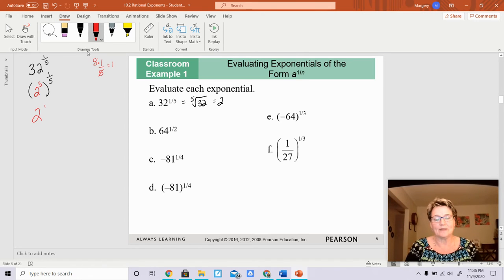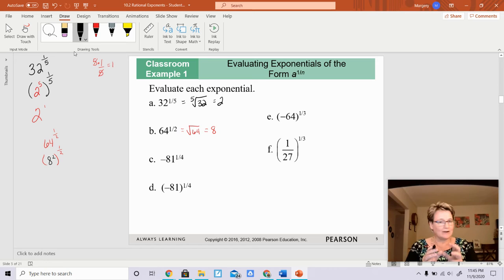Another one: 64 to the 1/2 power, that is just the square root of 64, and that gives you 8. Now, once again, if you wanted to use powers, you could do that. We know that 64 is 8 squared.